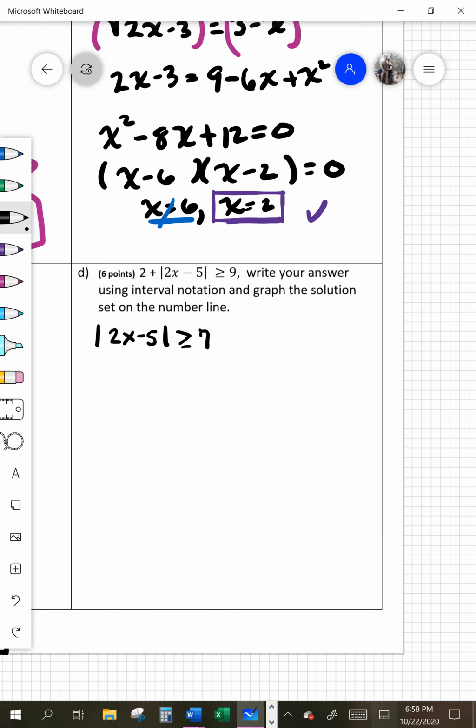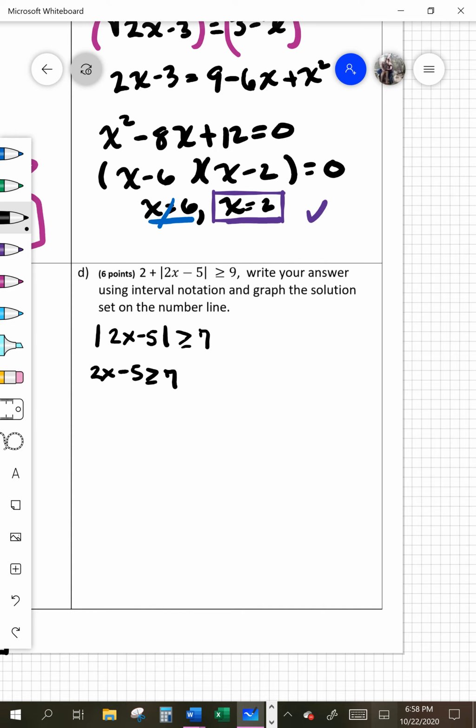Think about a number bigger than 7. We take the absolute value of it. Would that be true? Like 8, the absolute value of 8, is that really bigger than or equal to 7? Yes. And so we get 2x minus 5 can be greater than or equal to 7.